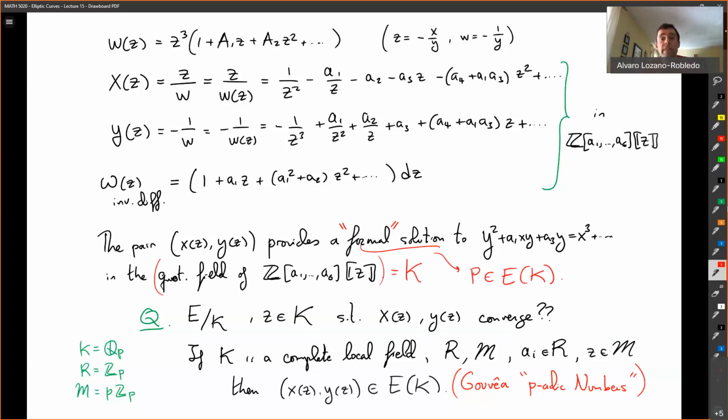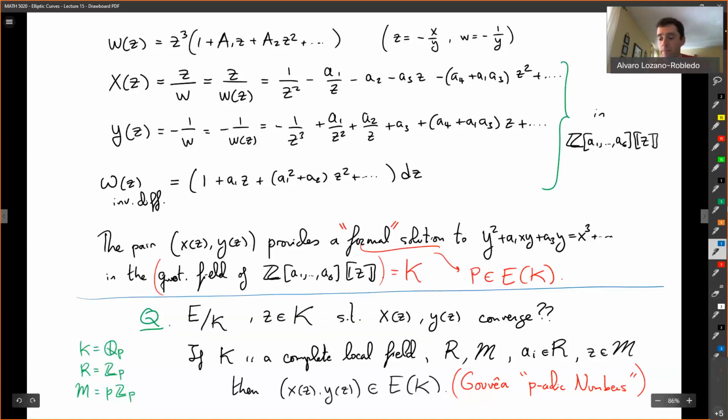So that gives you as much information as a power series can give you. There's just a power series solution, and we don't know about convergence. Before this line, we don't have actual arithmetic or anything.